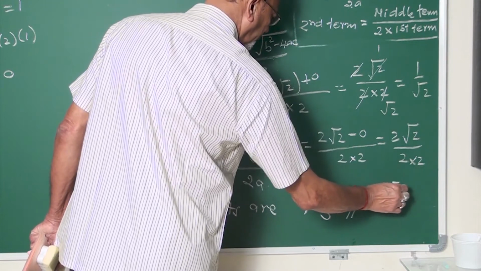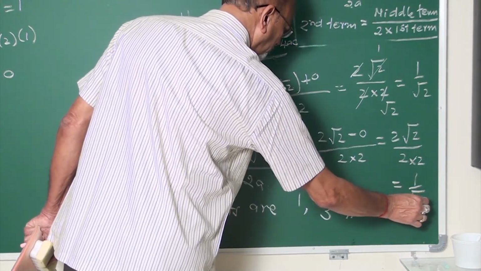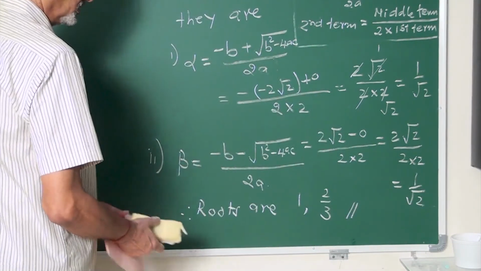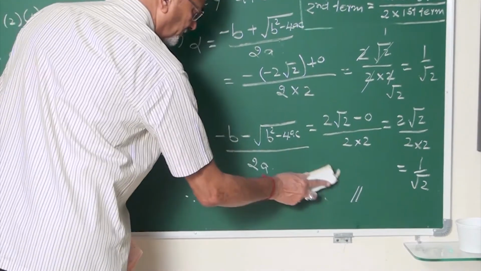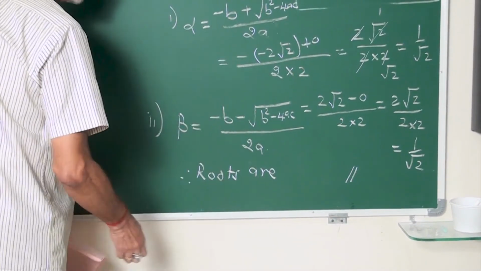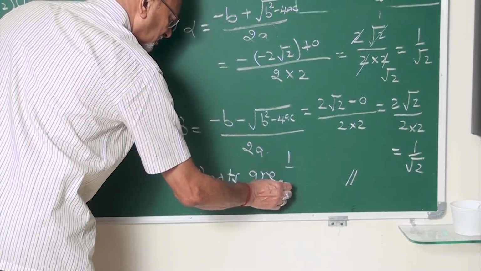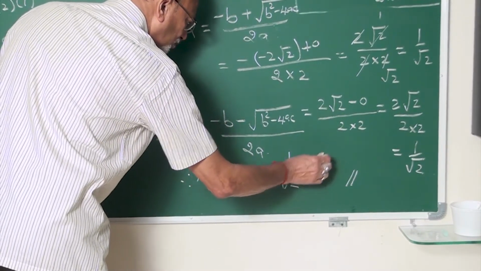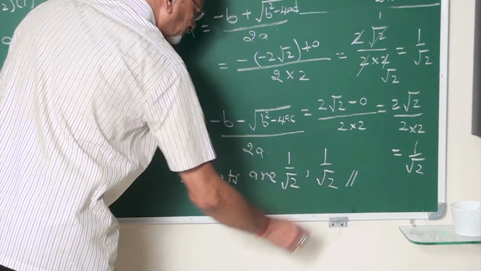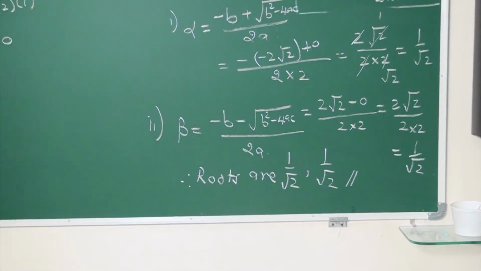Once again cancellation, you get 1 by root 2. Therefore, the required roots are 1 by root 2, 1 by root 2. This is the second example.